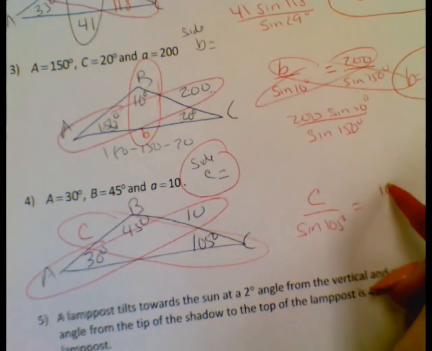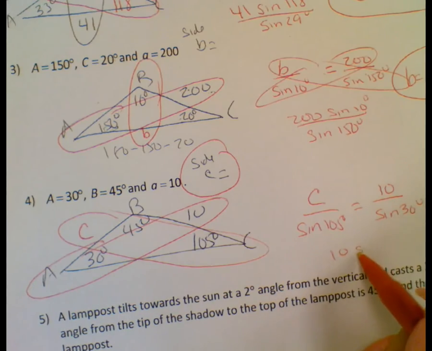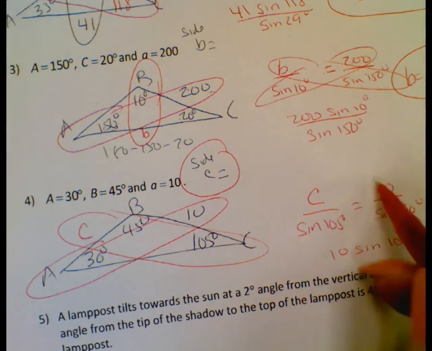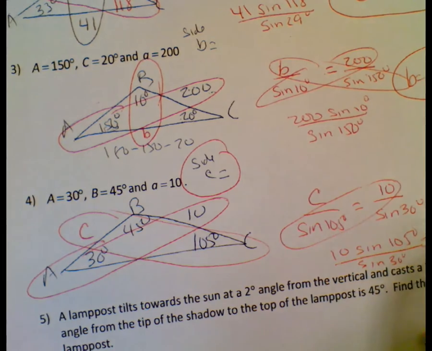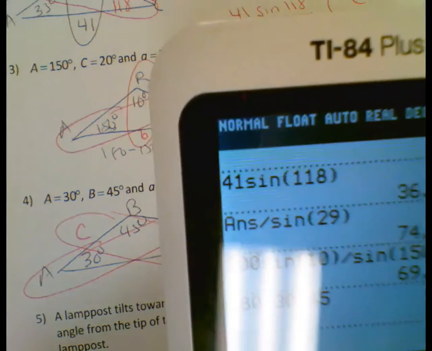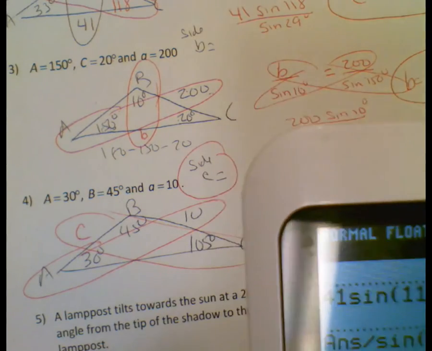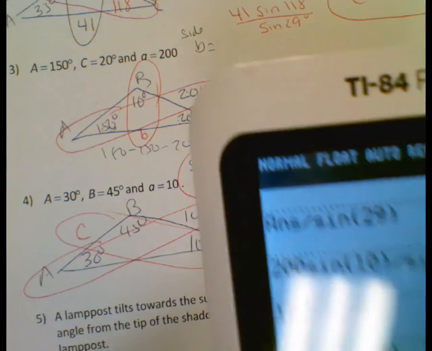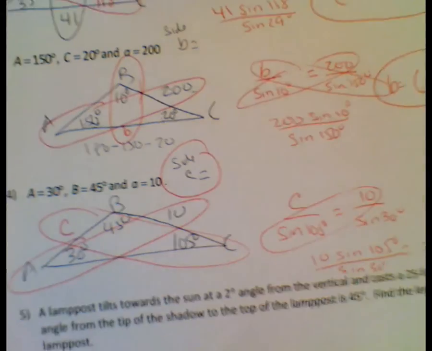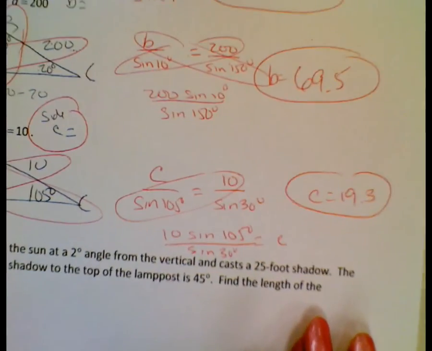So use side 10 over sine of 30. 10 sine 105 divided by sine 30. 19.3. Okay, that's your answer, number 4.